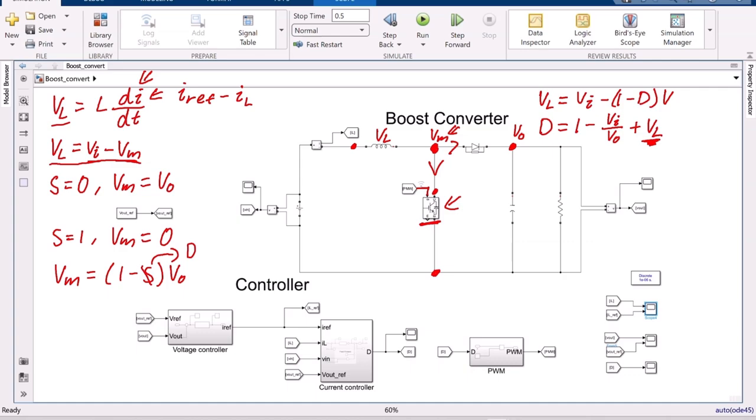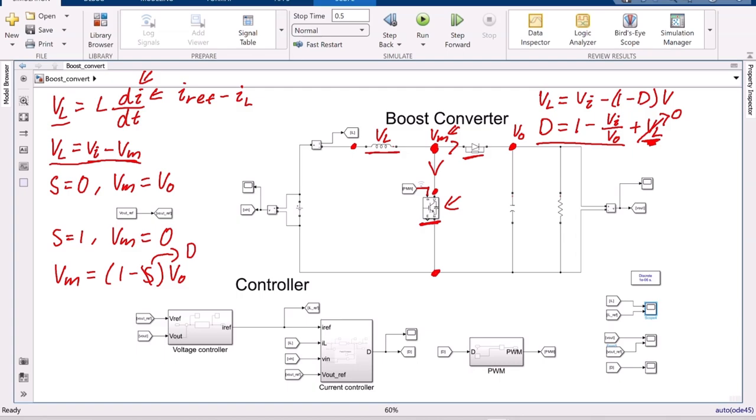In steady state, it is 0 on average. So that is why I often see that the duty cycle is equal to this. However, this model is not ideal. We, for example, don't have the resistance in the inductor, and we don't have the resistance in the diode, etc. So we actually say this is 0 because it is on average.